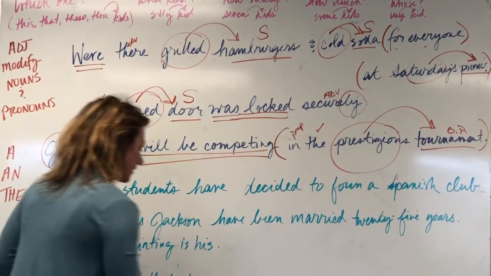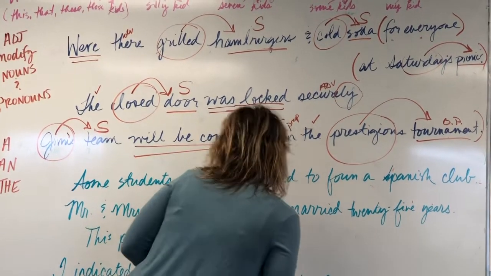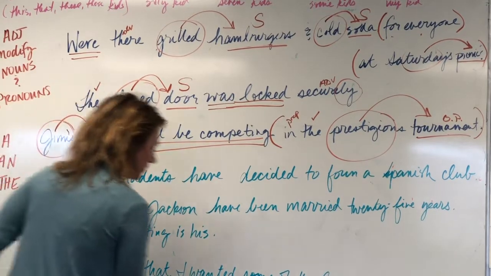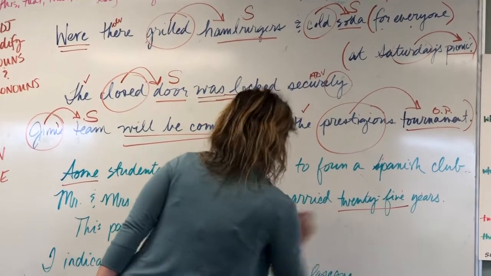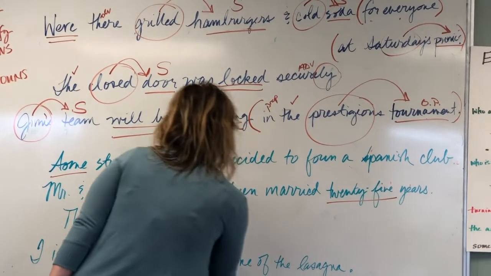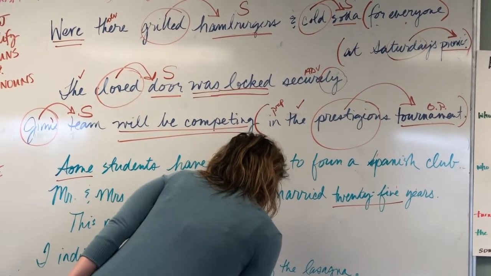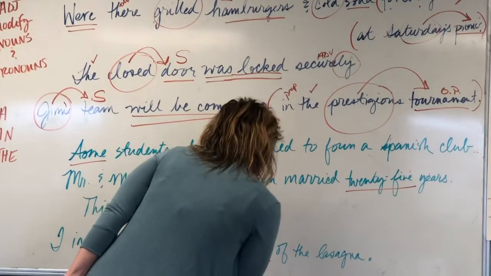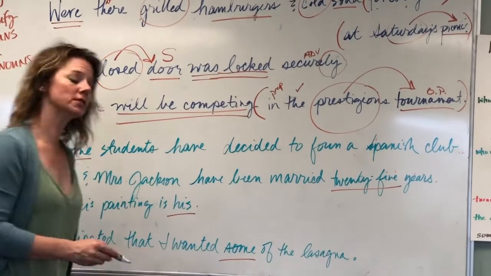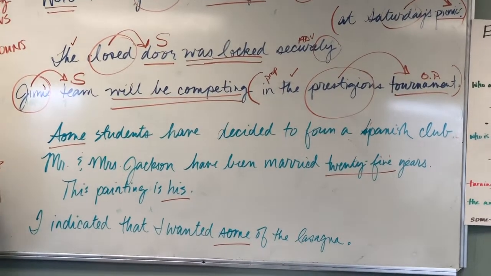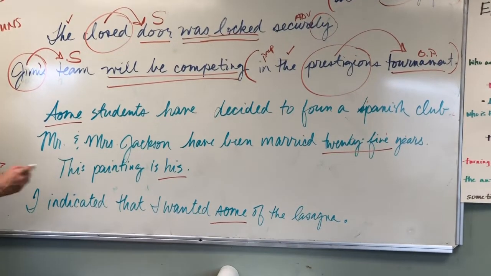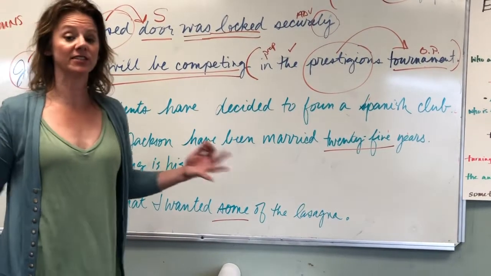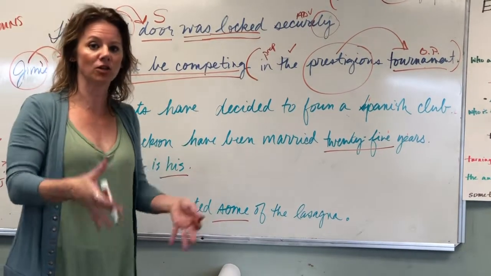The last thing is I want you to be able to say if these words that I'm underlining are nouns, pronoun, or adjective, because they could be all three in different sentences. Remember, the sentence determines the part of speech.